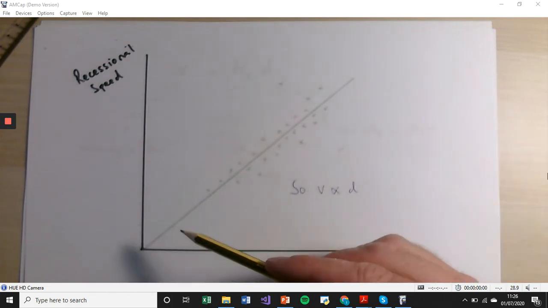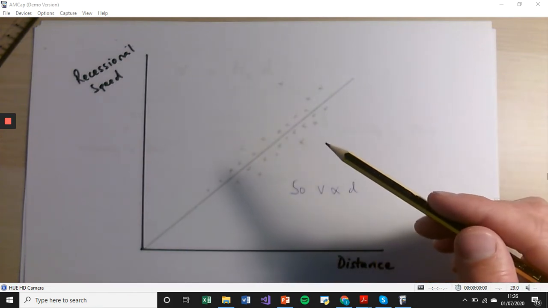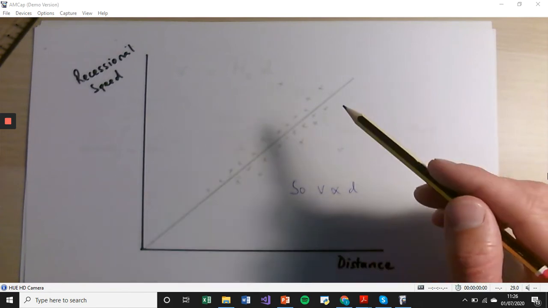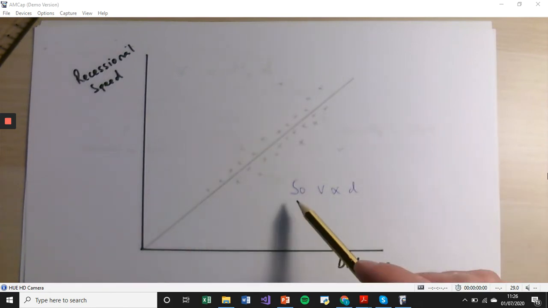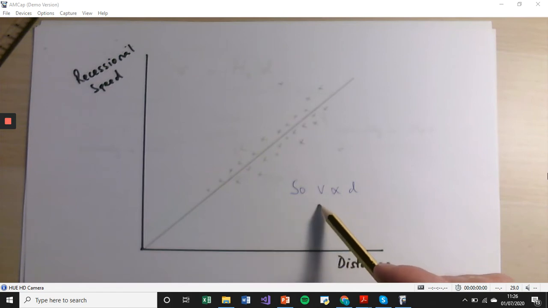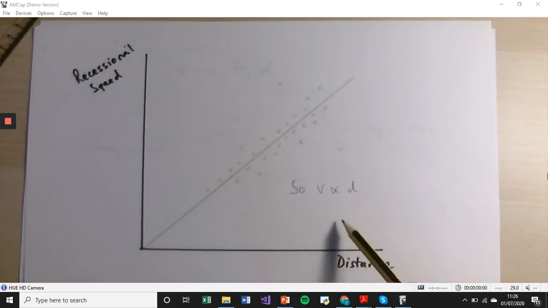A good straight line going through the origin can say loss of recession speed and distance. That's what Hubble found.